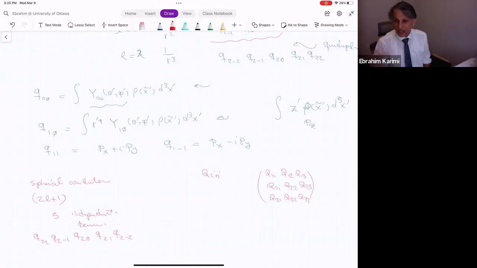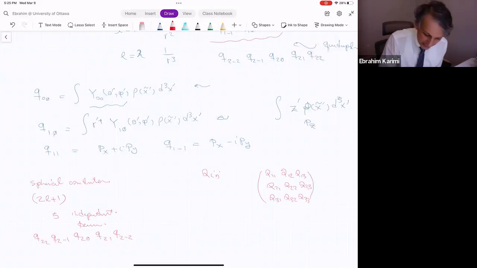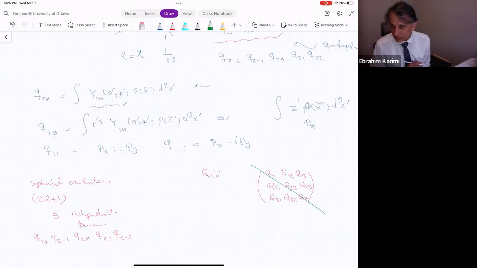Of course, I and J are symmetric, so this matrix will be symmetric. It means I have 1, 2, 3, 4, 5, 6 independent elements, because Q12 is identical to Q21, but I have Q12, Q13, Q23, Q11, Q22, Q33.